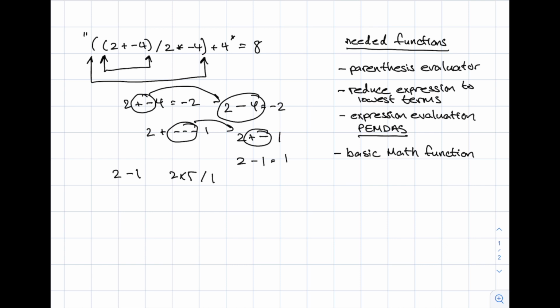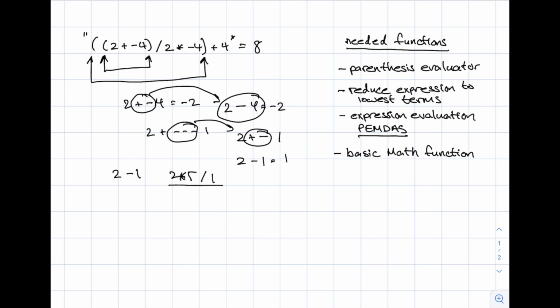This expression evaluation function is responsible for looking at these expressions and telling us which operations should be evaluated first. Going based on our order of operations rule, for 2 minus 1, that's simple. We just do one subtraction. For our second expression, we're going to multiply 2 times 5 first, then divide it by 1. So it's going to follow the order of operations and precedence rules.